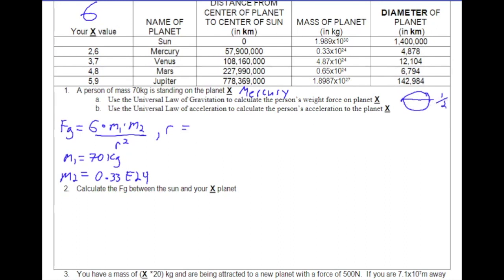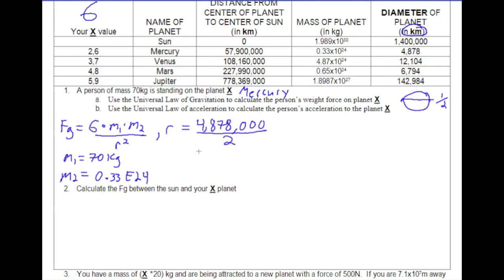So my R is going to be 4,878. Another thing to notice is that this is in kilometers, so we need to convert it into meters. I'll tack on 3 more zeros and then divide by 2 to get the radius.